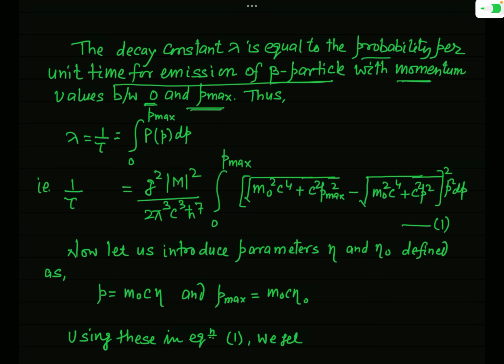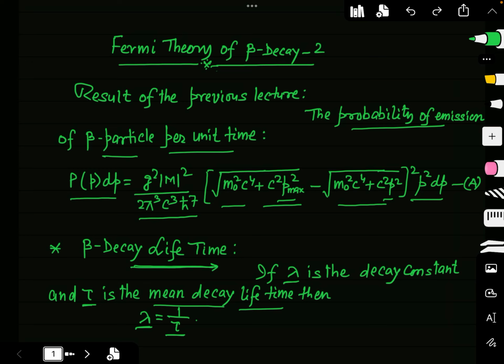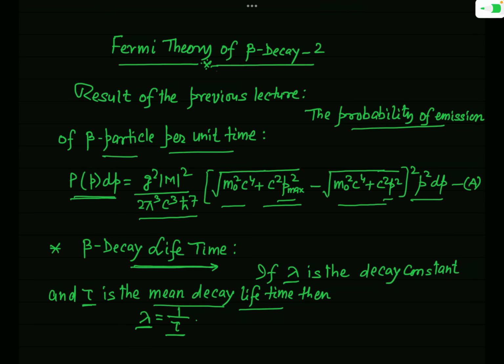Now you can see this expression for P(p)dp. This represents the rate of probability of emission of beta particle when its momentum lies between p and p plus dp. So if you want to find the rate of probability of emission of beta particle when its momentum varies from 0 to p_max, what will we do?